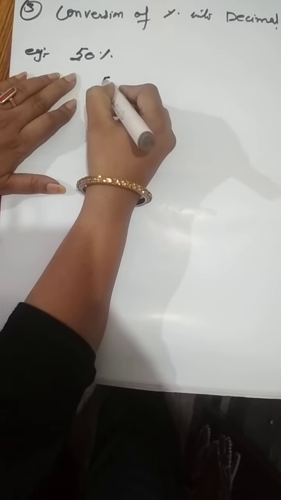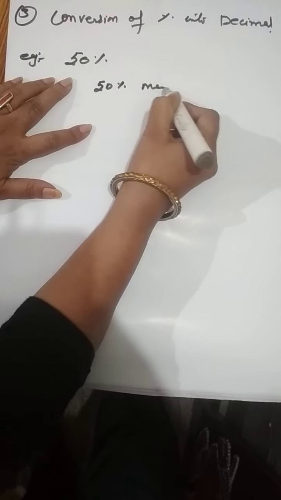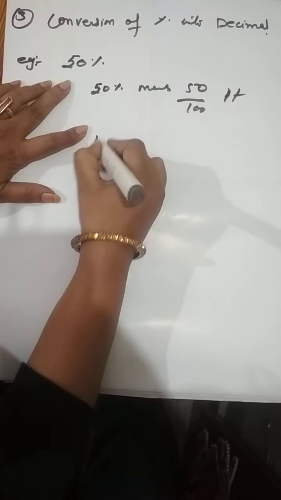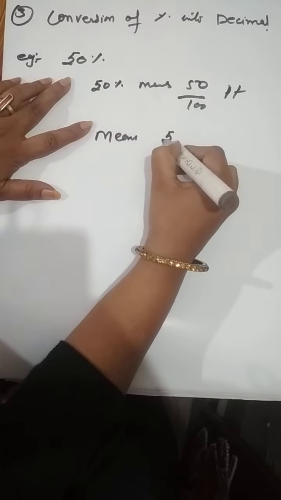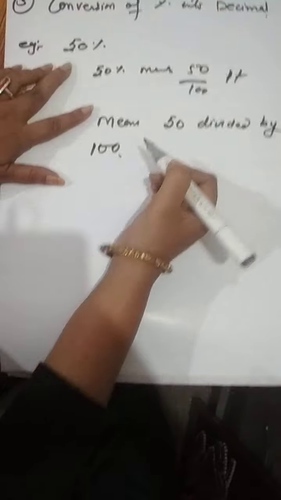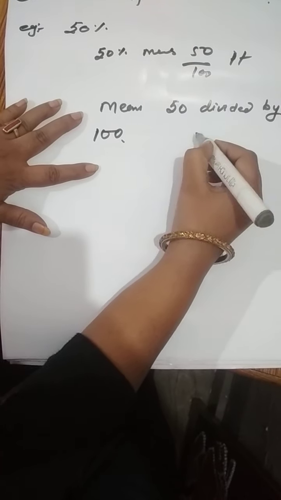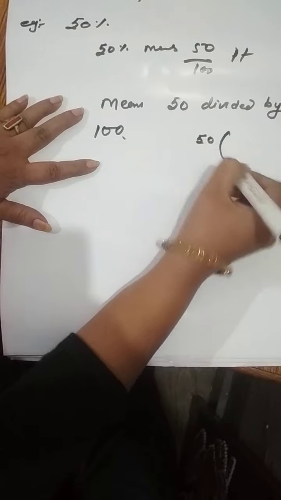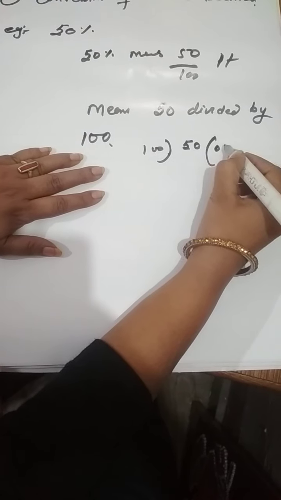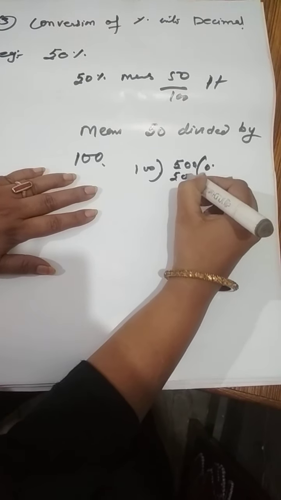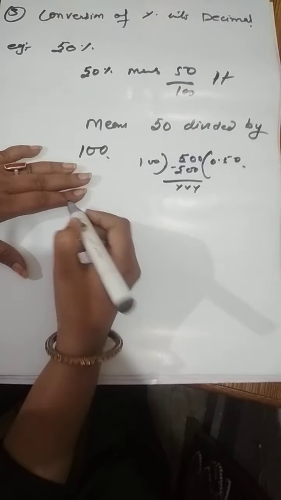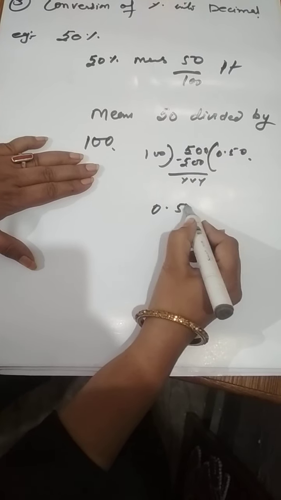So what do you mean by 50%? 50% means 50 upon 100. It means 50 divided by 100. So what do you get? If you divide 50 by 100, what do you get? 0.50.